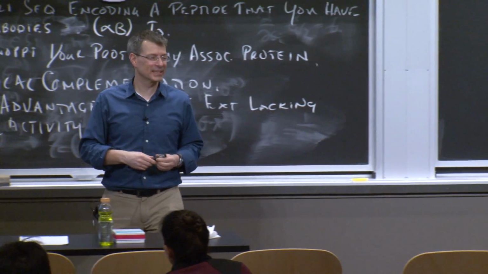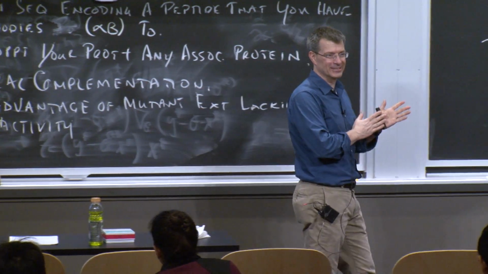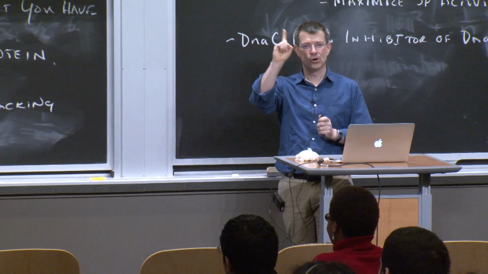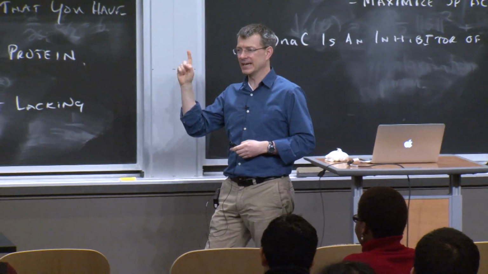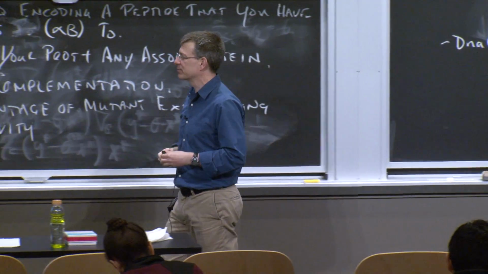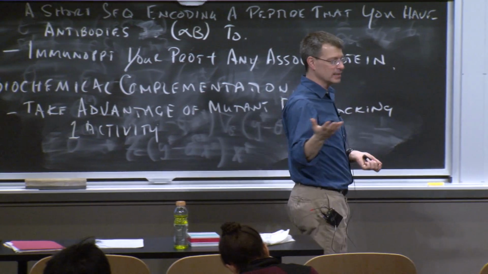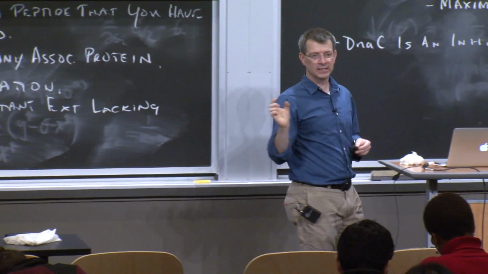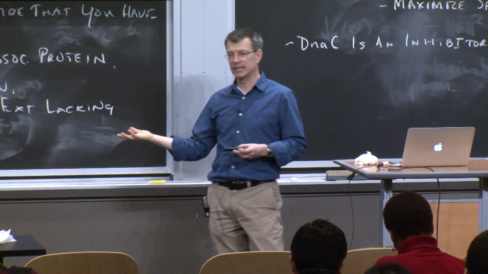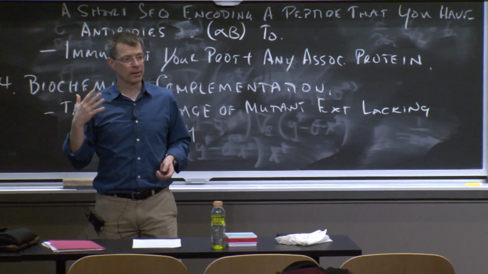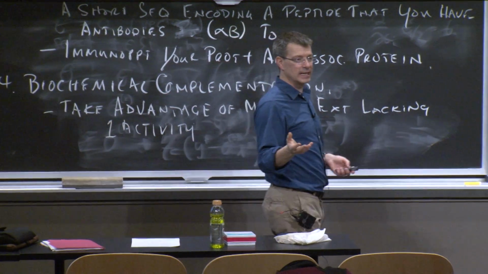How many sequence-specific DNA binding proteins are required to do this? 1. Right? DnaA is the only sequence-specific binding protein required to assemble this big, huge machine. Everything else is either a protein-protein interaction, for example, between DnaA and DnaC and B, or a non-specific protein-DNA interaction.